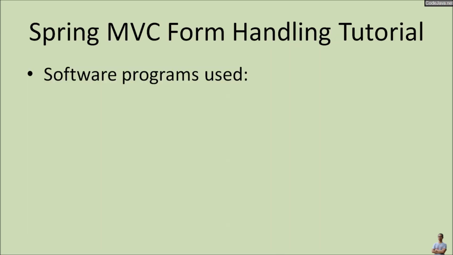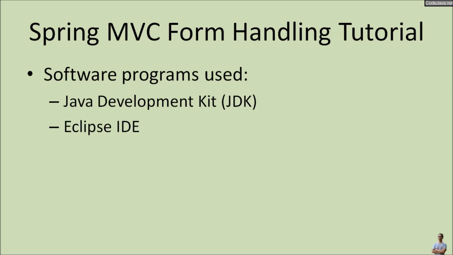Before following this tutorial, make sure that you have the following software programs installed on the computer: Java Development Kit (JDK), Eclipse IDE, and Apache Tomcat server. I strongly recommend that you use the latest versions of these software programs.